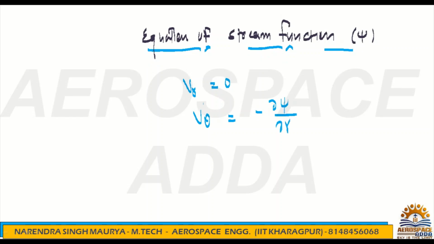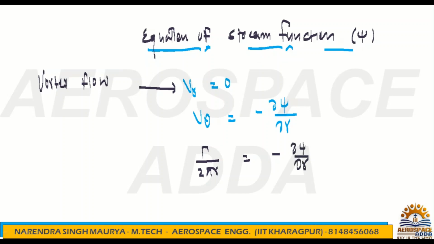Because this is vortex flow, vr is 0, the radial velocity will be 0, and what is v theta? We know very well, circulation upon 2 pi r, and this is minus dou psi by dou r, right?